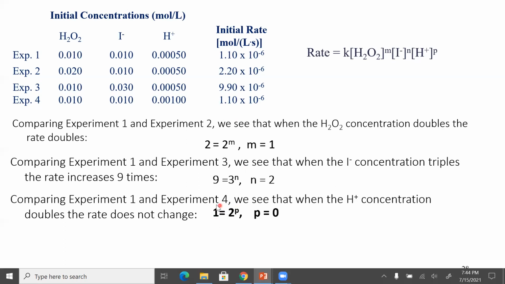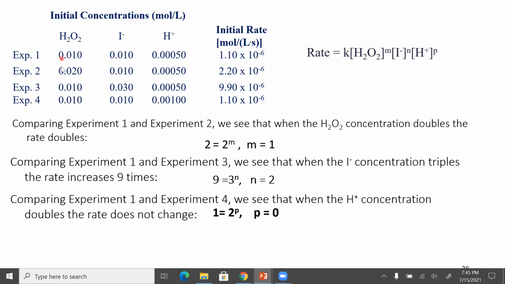So 1, okay, our rate's not changing, equals 2 to the P power, which means that P has to be 0. So hydrogen is 0 order. In other words, hydrogen does not affect the rate of the reaction.